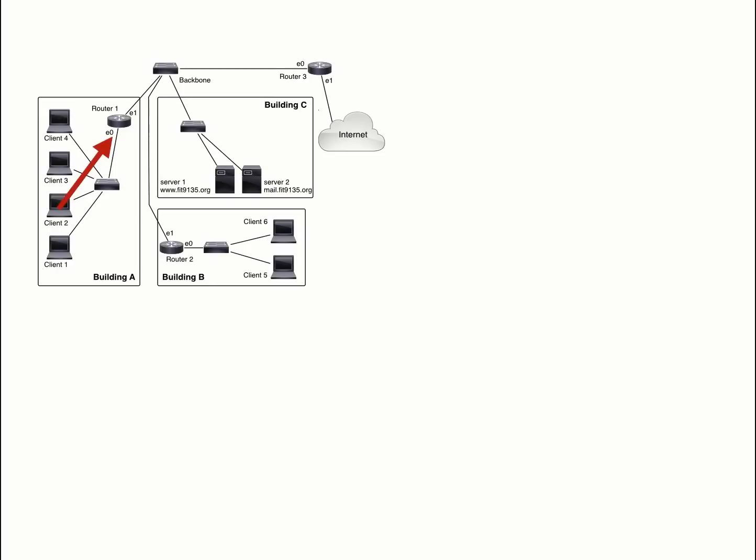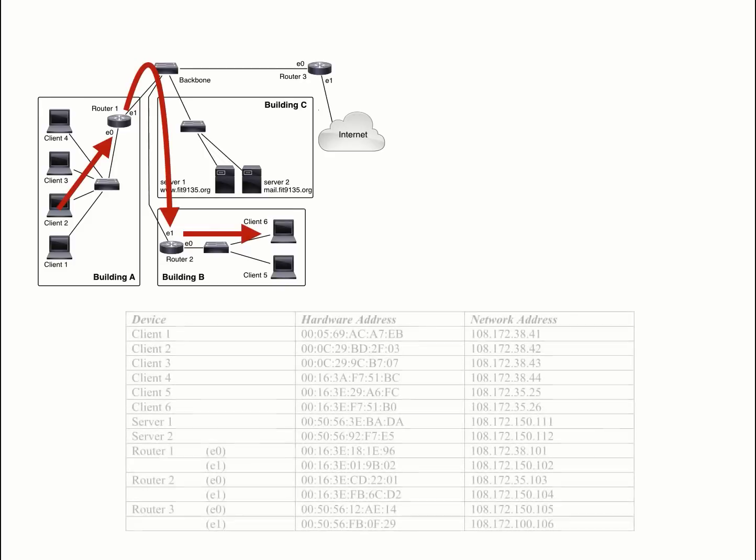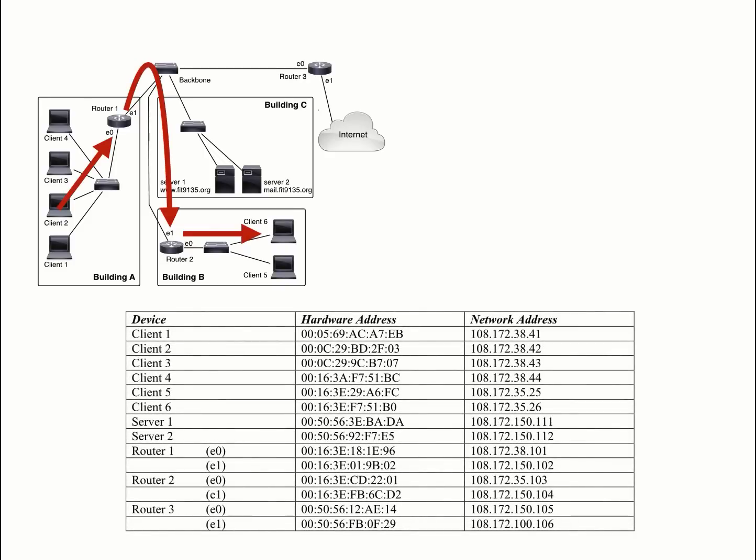From client 2, we go to interface E0 of router 1, and then the packet leaves the router on interface E1 and goes to interface E1 of router 2, and then it leaves router 2 on E0 and enters client 6. We can also look at the same path in the address table. So again, from client 2 we go to E0 of router 1, from E1 of router 1 we go to E1 of router 2, from E0 of router 2 we go to client 6.